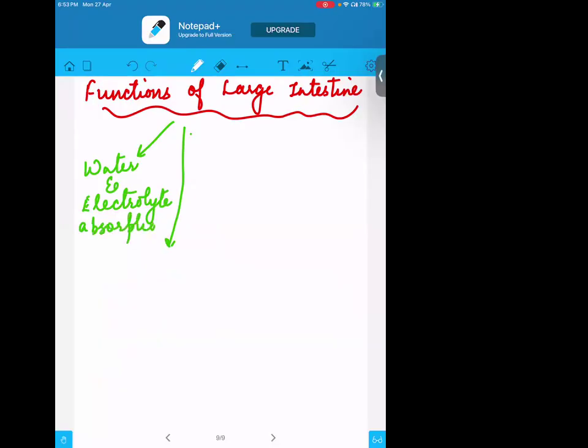They will be balancing the water and ions so that easily the absorption can happen. Then the next point is the formation and storage of the feces. Feces means the waste material, or we can say a stool. In the morning time, we are going to the washroom, right? And removing that waste material. That is called feces.